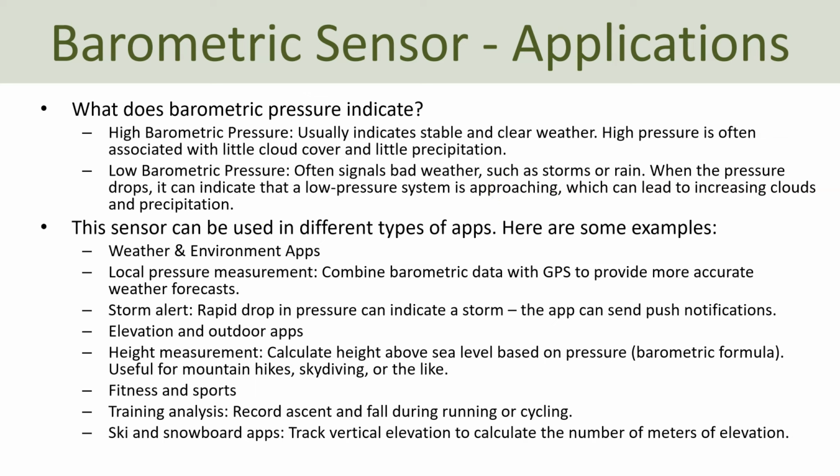You can create weather and environment apps. You can do local pressure measurement, storm alert, elevation and outdoor apps, height measurement, fitness and sport applications, hiking applications, training analysis, ski, snowboard, skydiving, etc.